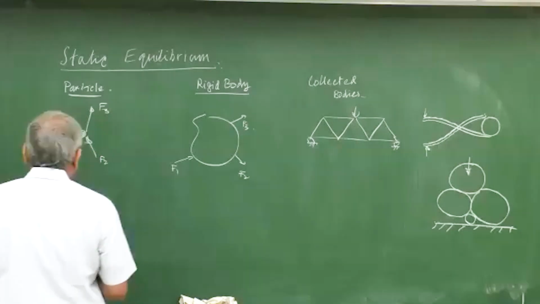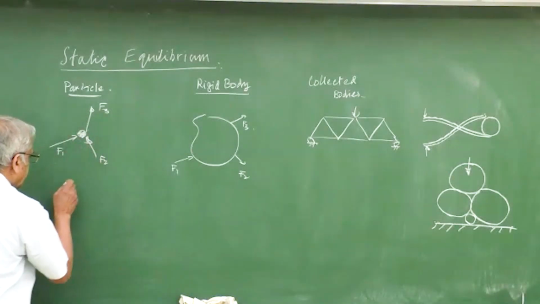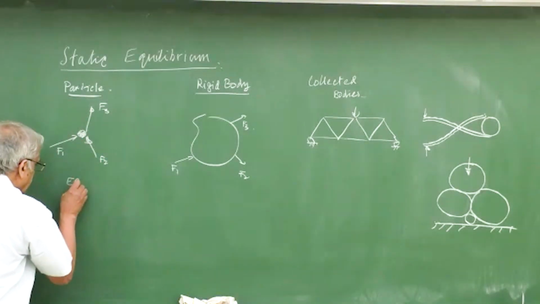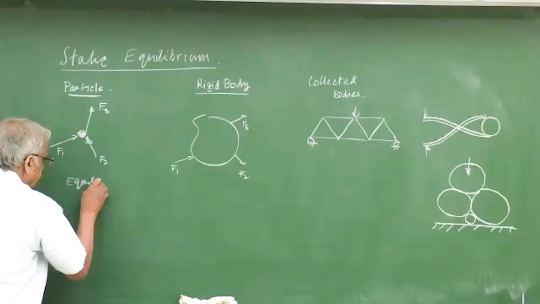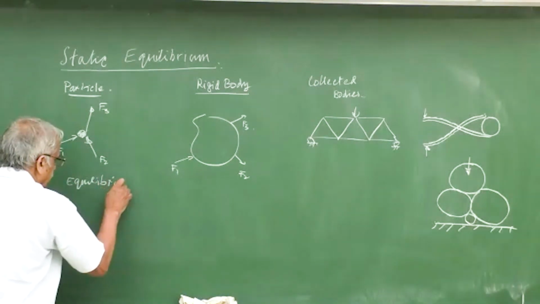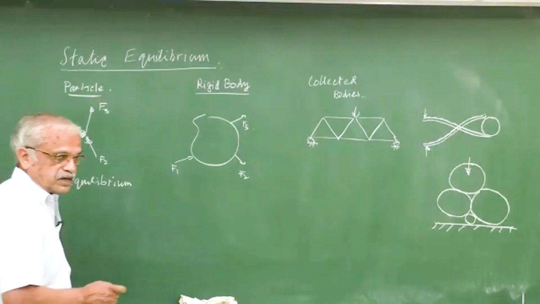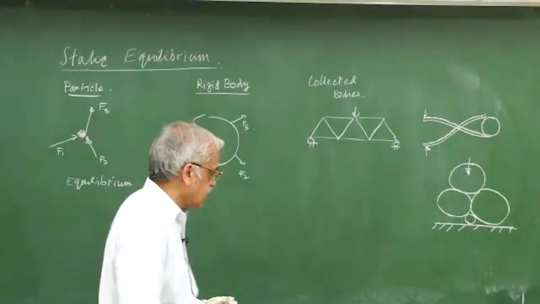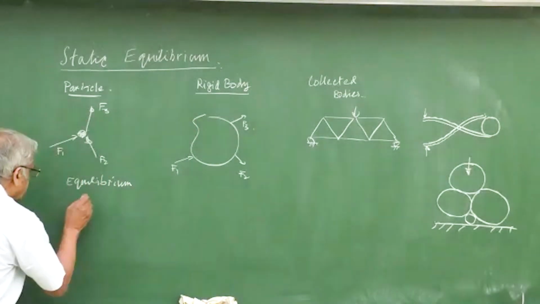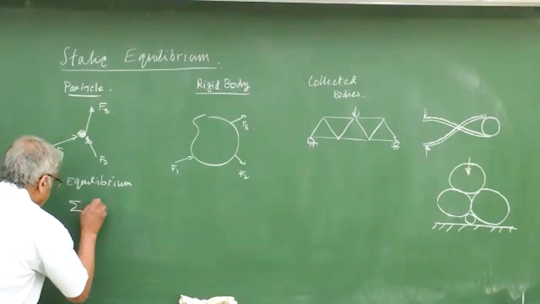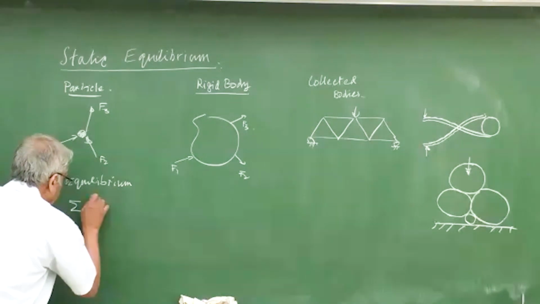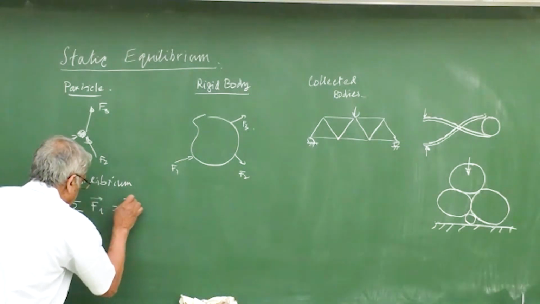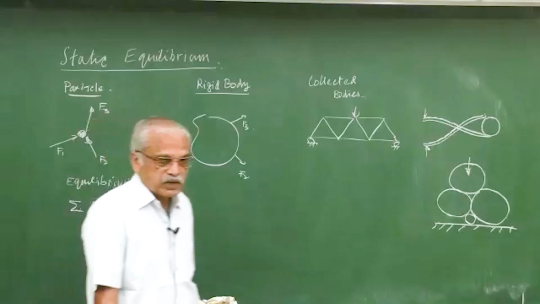Since this is under equilibrium, that means it is in the state of rest, we assume, and the summation of all the forces here is 0. So that's what this says.